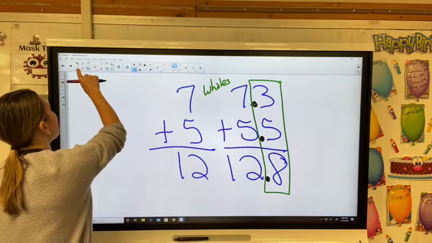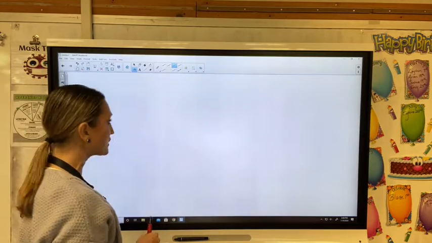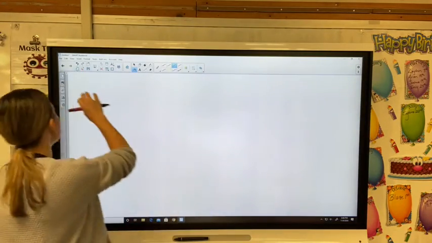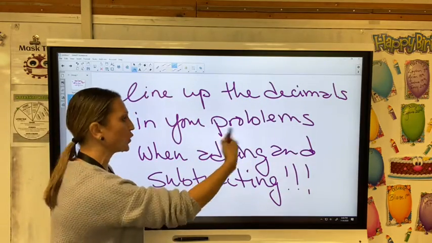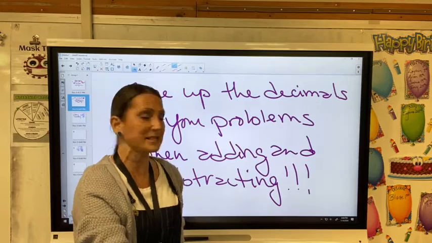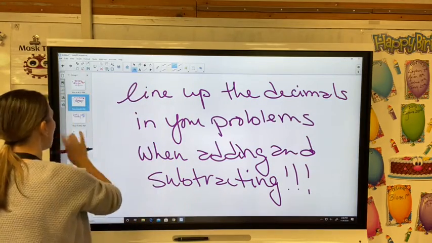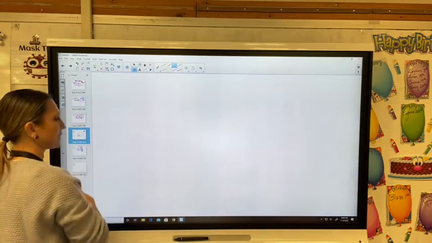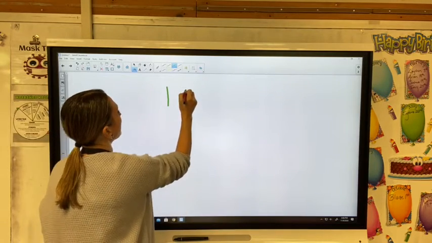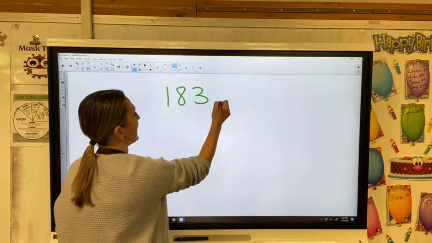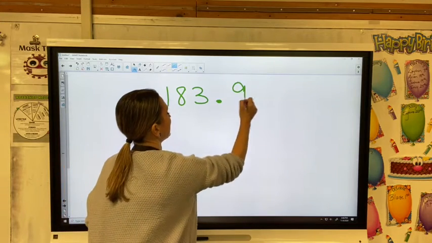So when you're adding and subtracting decimals, sixth graders, the note I just gave to you: line up the decimals in your problems when you're adding and subtracting decimals. When you do addition, sixth graders, I'm going to give you an example of 183 and 9 tenths.